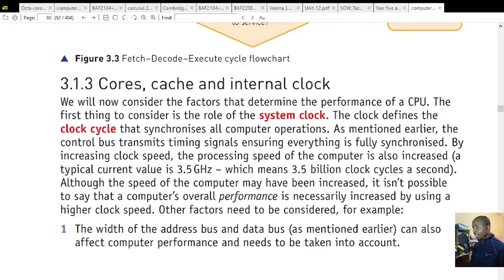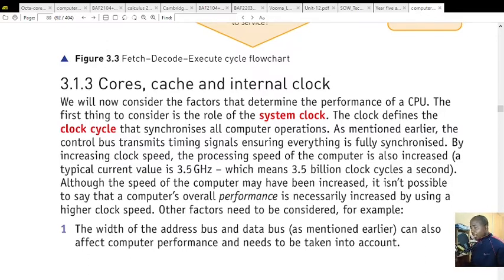So the system clock defines the clock cycle that normally synchronizes all the operations of computers. Remember, we say that the control bus is used to transmit timing signals that is actually able to synchronize all the activities and the operation of a computer.